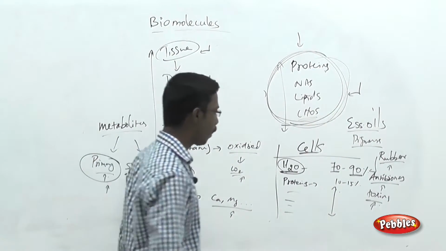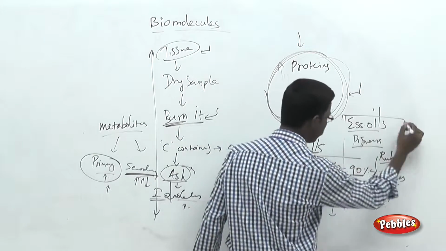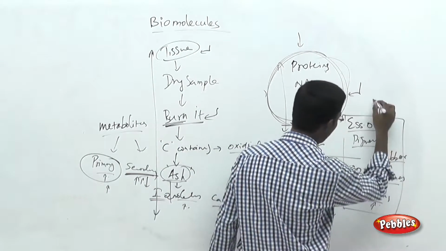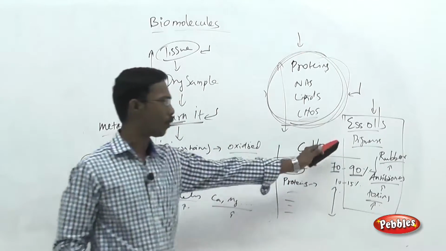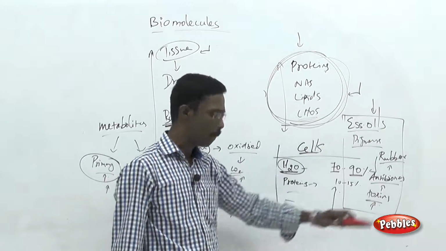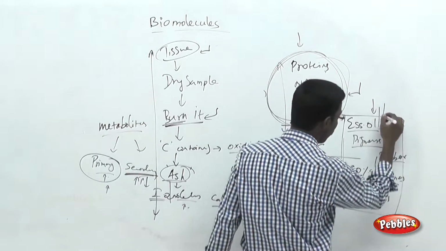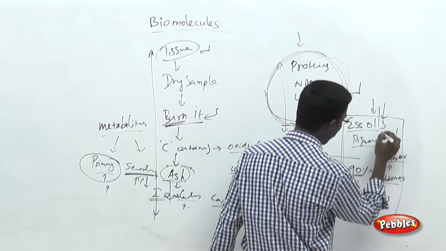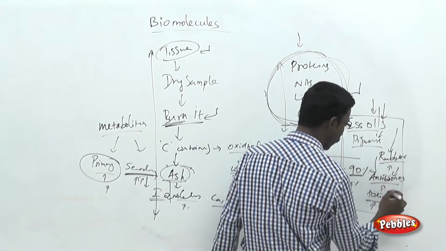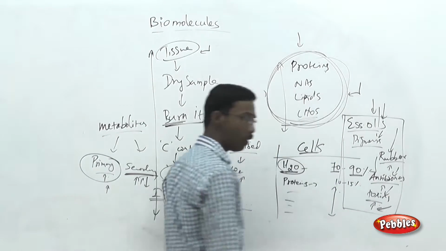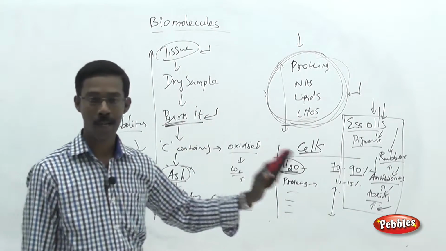Okay, so they are not an essential part of the particular living cell, but plants, fungi and bacteria need them to survive. For survival they need these molecules: rubber, pigments, essential oils, antibiotics, toxins, and we call these compounds secondary metabolites.